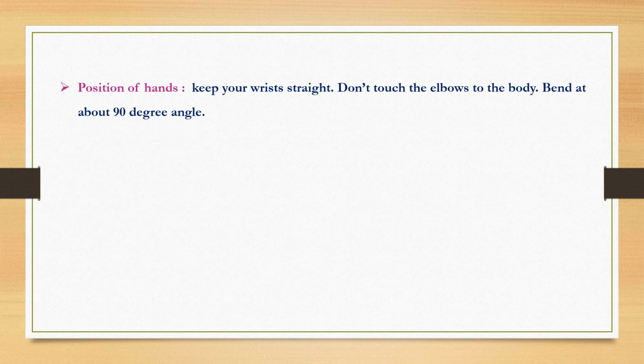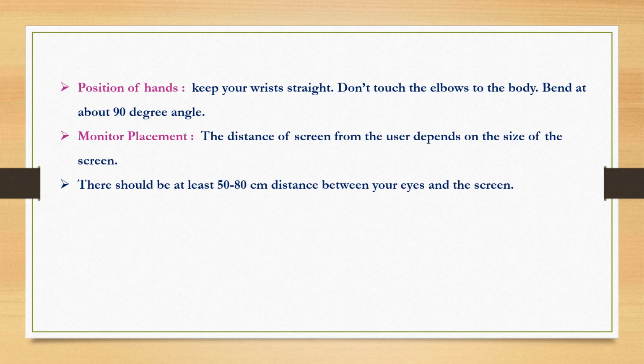When you are working on the computer, keep your wrist straight. Don't touch the elbows to the body. Bend at about a 90-degree angle. Next, monitor placement. The distance of the screen from the user depends on the size of the screen. There should be at least 50 to 80 centimeters distance between your eyes and the screen.